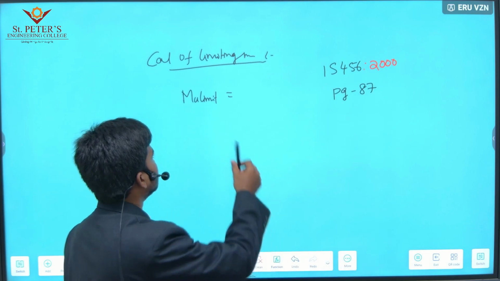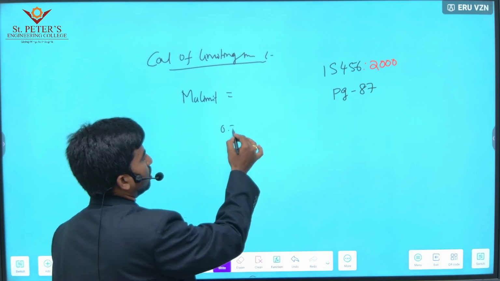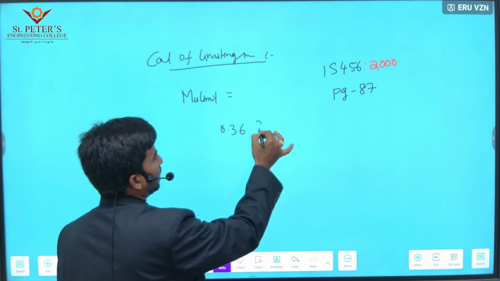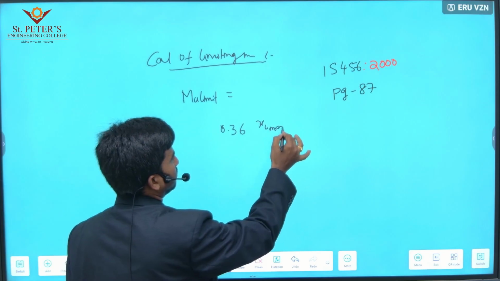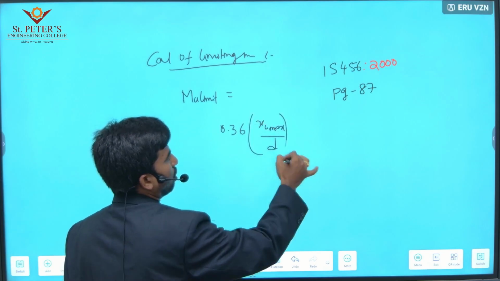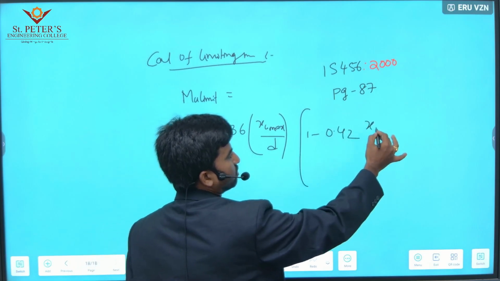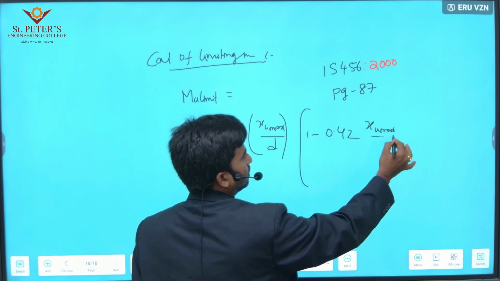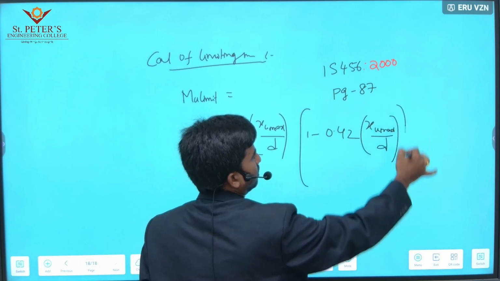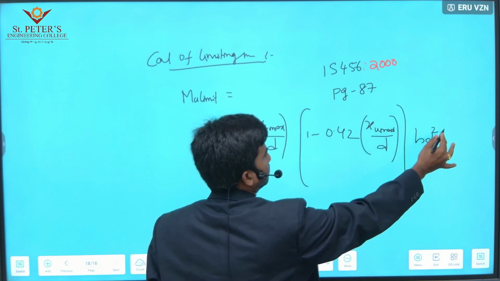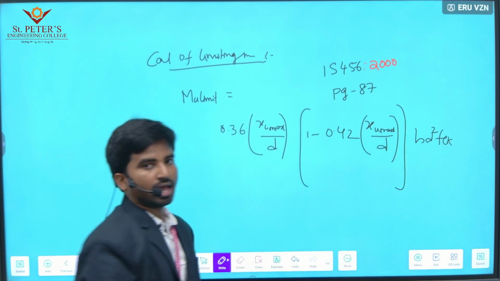Your formula is Mu limit equals 0.36 xu max by d, times 1 minus 0.42 xu max by d, times b d square fck.